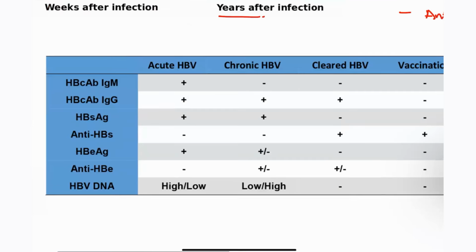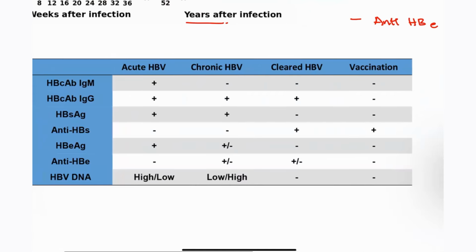Next, interpretation. For patients suffering from acute infection, anti-HBc IgM will be positive, HBsAg will be positive, and in the acute time HBeAg will also be positive. Next, in chronic infection, you are going to see anti-HBc IgG antibodies and HBsAg, and sometimes HBeAg will be positive or not.